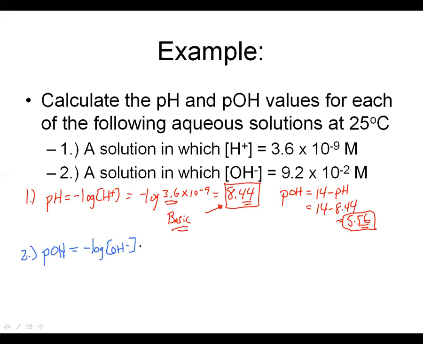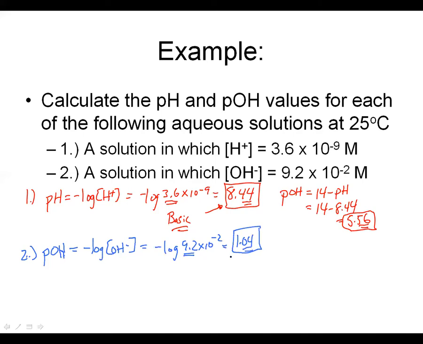We put 9.2 times 10 to the minus 2 into that, and that's going to get us 1.04 as our pOH. Again, two significant figures, two decimal places in terms of the answer.